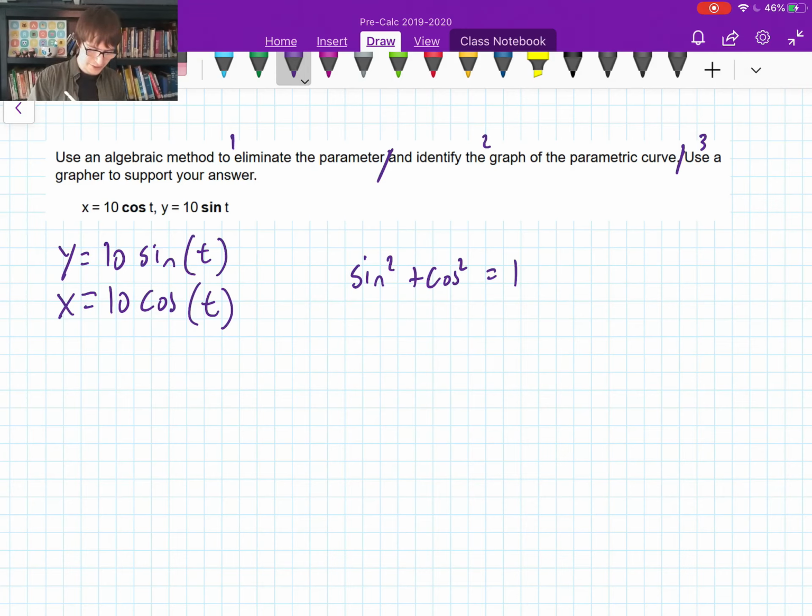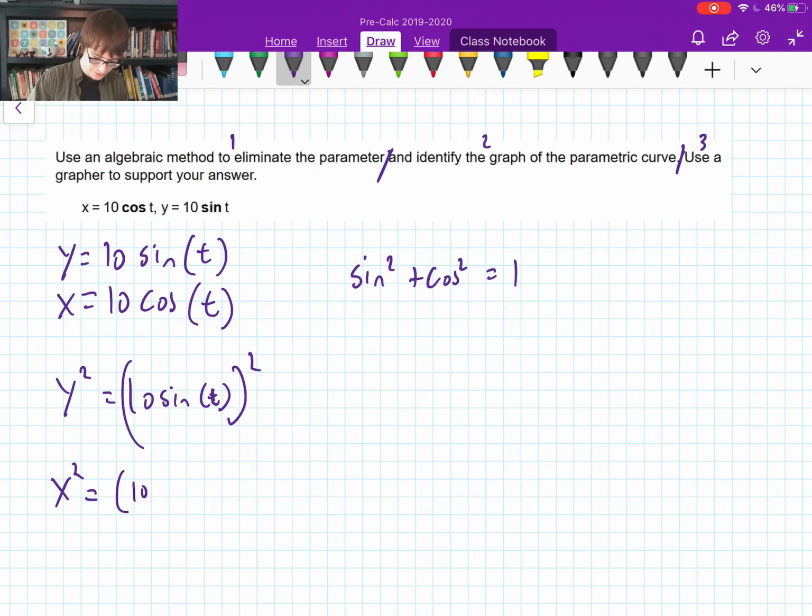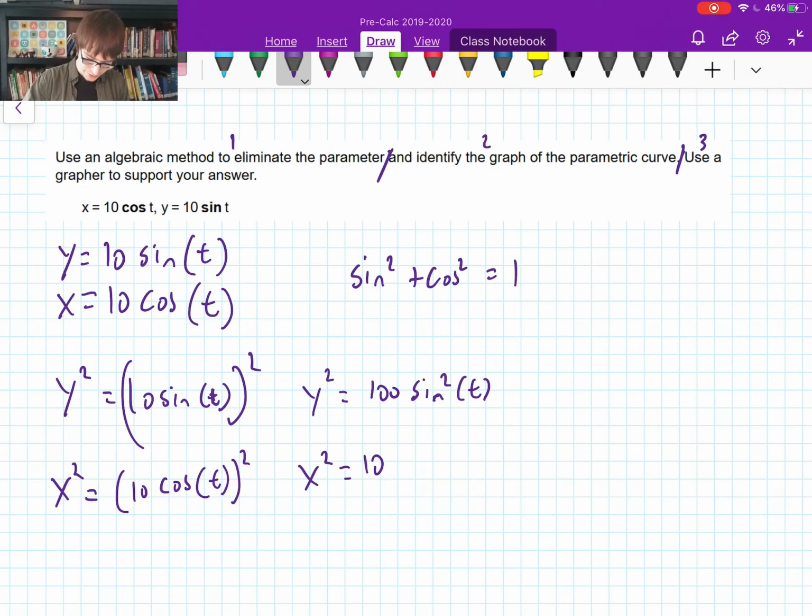So if I square both sides of each of these equations, I get y squared equals 10 sine t, all of that squared, and x squared equals 10 cosine t, all of that squared. That reduces down to y squared equals 100 sine squared t, and x squared equals 100 cosine squared t.